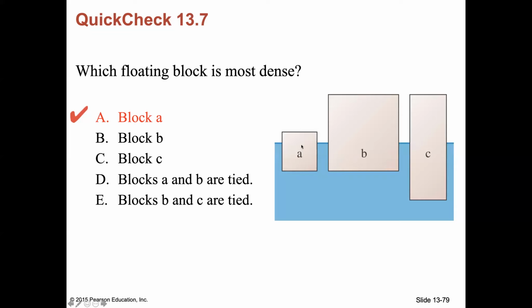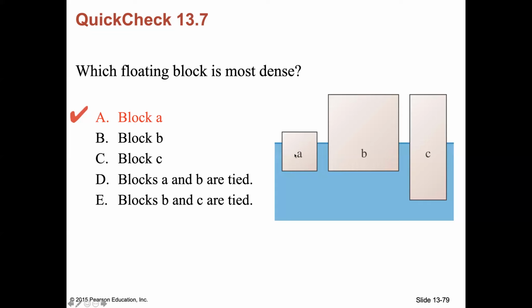You can imagine the higher the ratio of the object submerged in water, the higher the density of the object and the closer it is to the water.